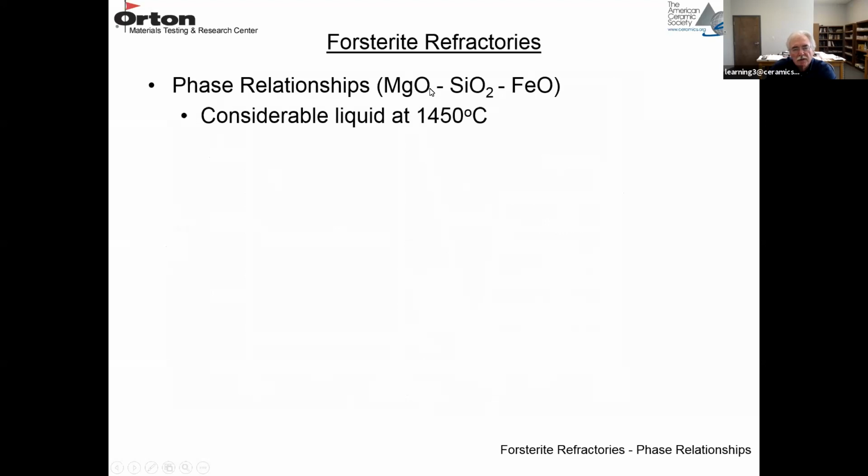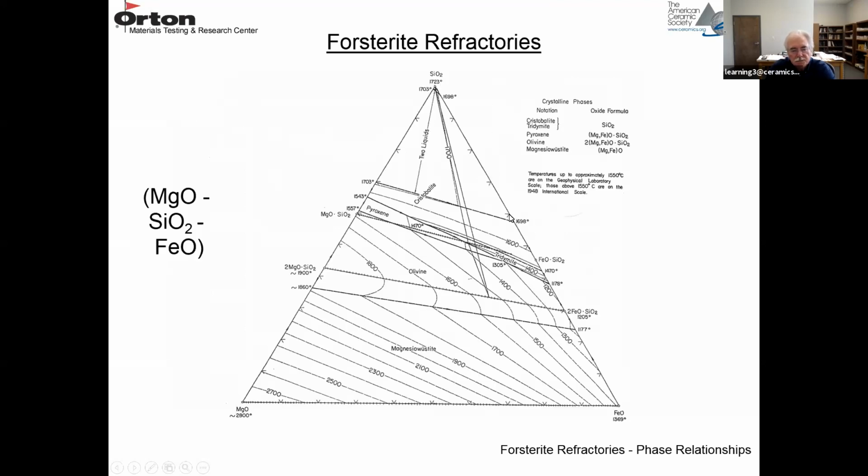Also, there's another phase diagram we should look at, MgO SiO2 FeO. And in that ternary phase diagram, there's a region where you have low melting compounds as low as 1450 degrees C. So this is MgO, FeO, and SiO2.